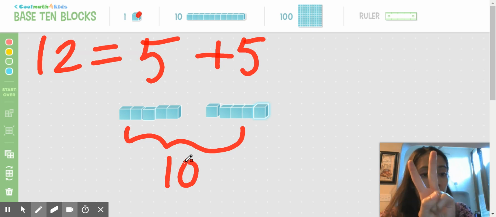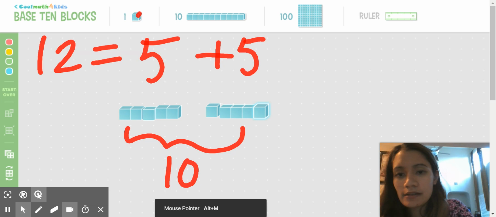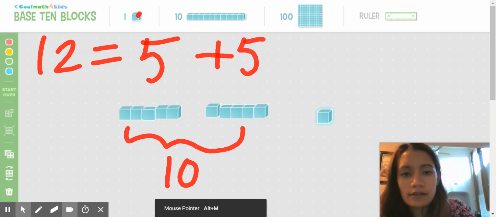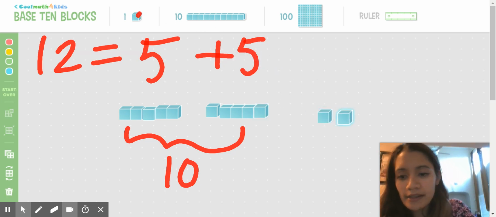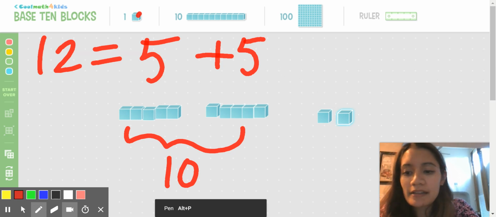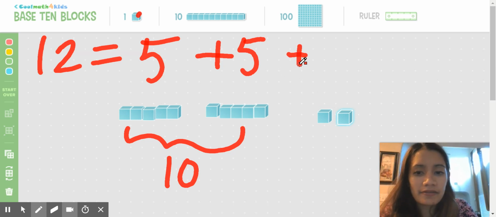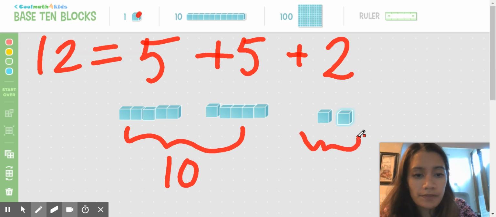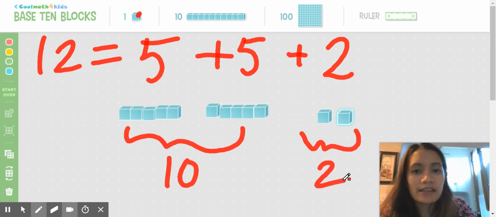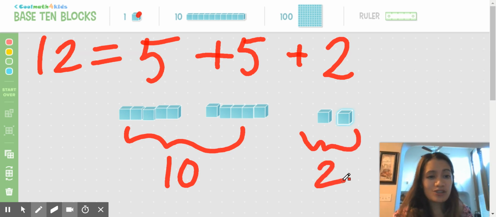So I need 2 more ones right here. So with my pen, I can say 5 plus 5 plus 2, those are 2 ones there, it equals 12.